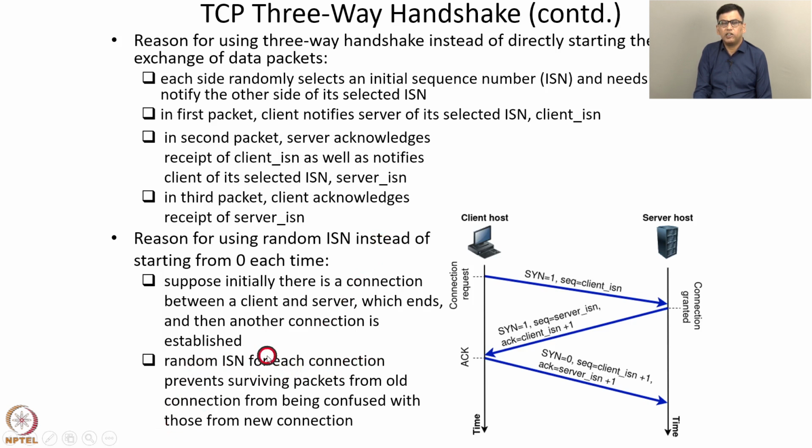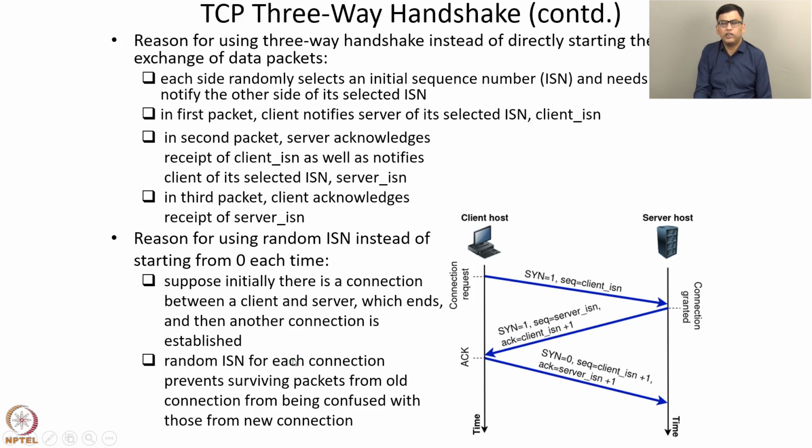So a random ISN for each connection prevents such surviving packets from the old connection from being confused with those from the new connection. That's because each TCP connection uses a random initial sequence number. So the sequence number values which are used in the old connection are disjoint and different from the sequence numbers which are used in the new connection.